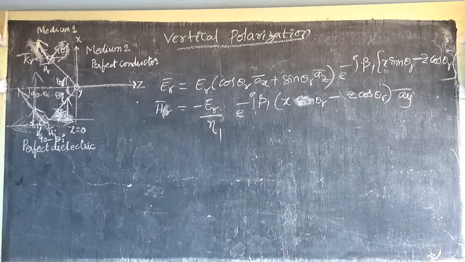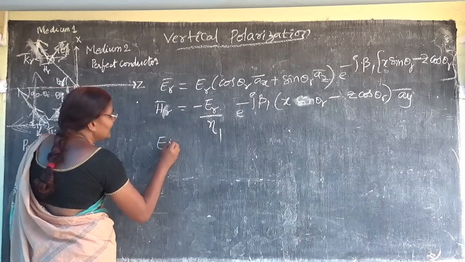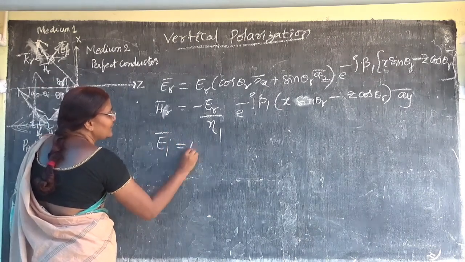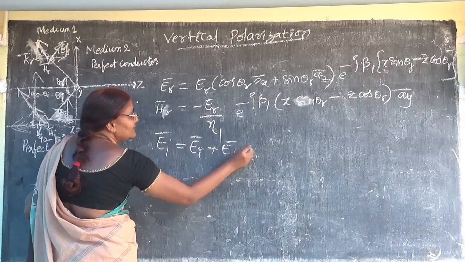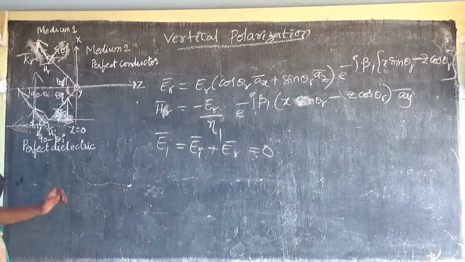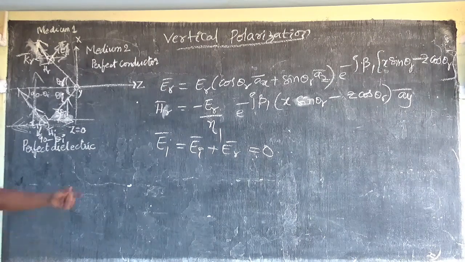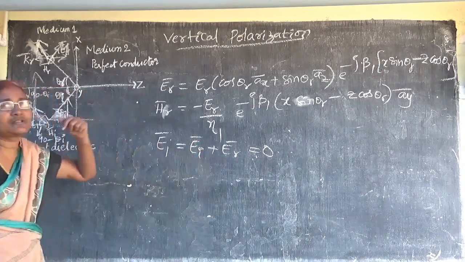So my total value E1 bar is equal to EI bar plus ER bar, and this should be equal to 0. We have to consider only x components.